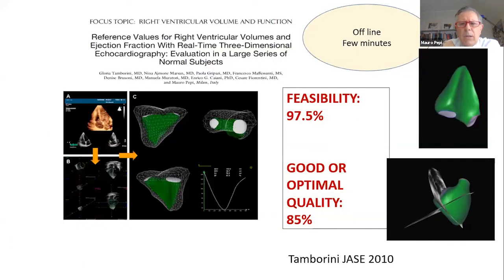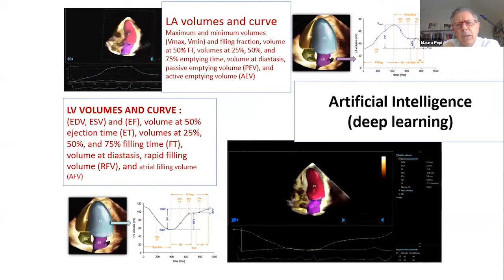We may evaluate the right ventricle; this is another paper with Nina 10 years ago. And nowadays, with artificial intelligence and deep learning, we also have the left ventricle and left atrial volumes and function in a few seconds.